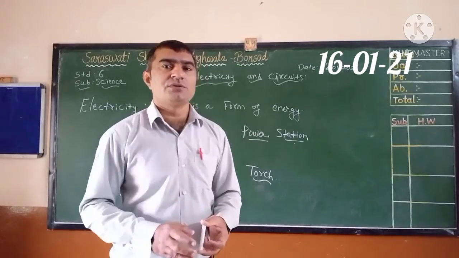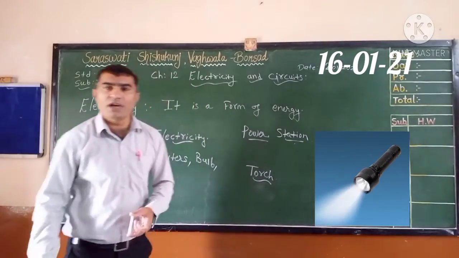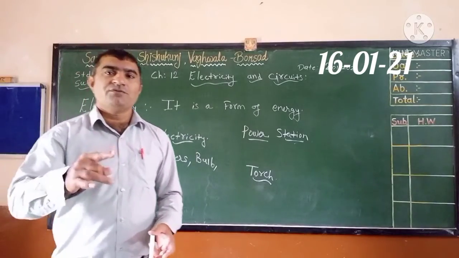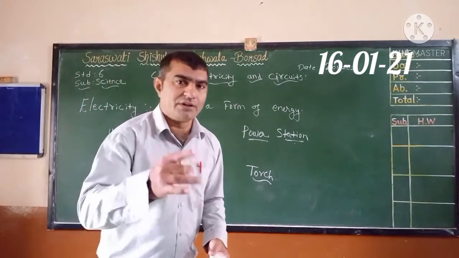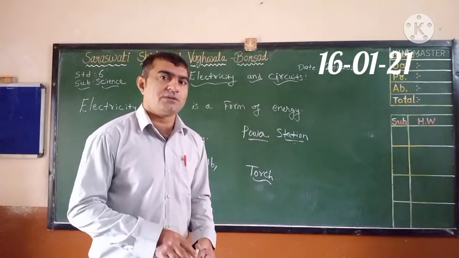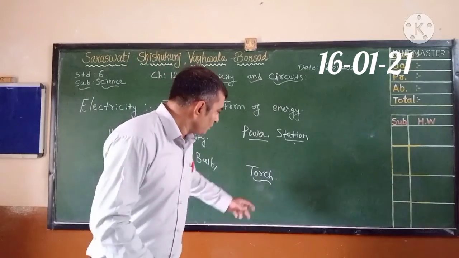What did they use? They used a device like a torch. The torch which people were using in the olden times, nowadays also we are getting in the market. Different kinds of torch are there, but most of the people are using phone torch.